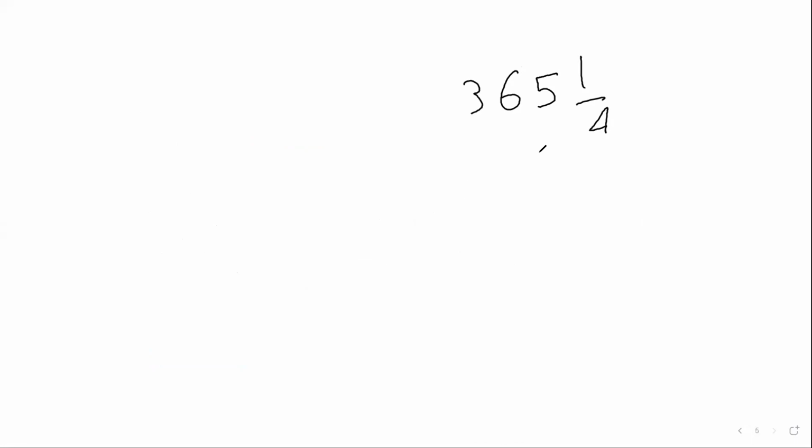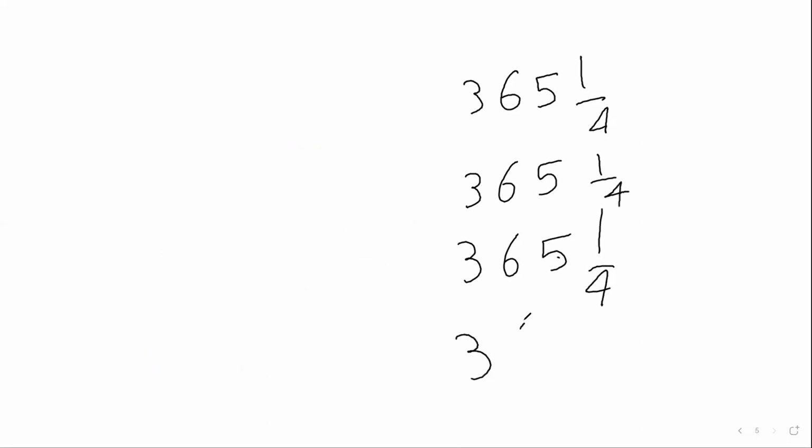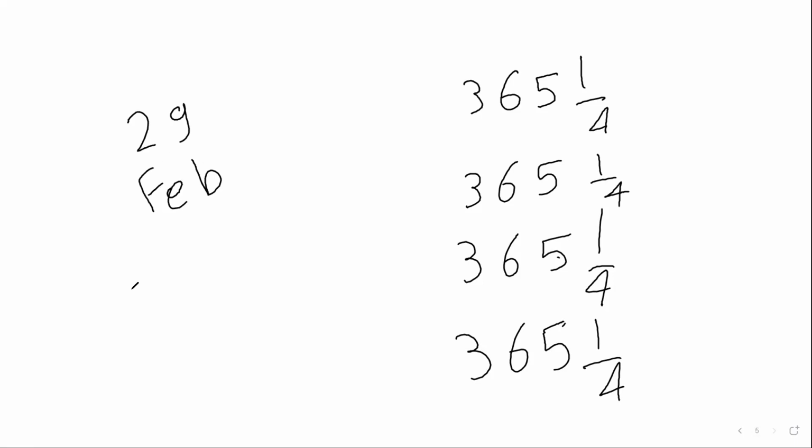In the leap year, we add the quarters of the 4 years together, to make one day each 4 years. We consider this day, the 29th of February, in the leap year to be 366.